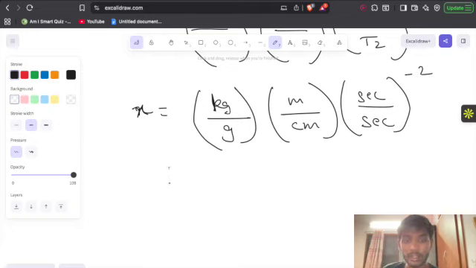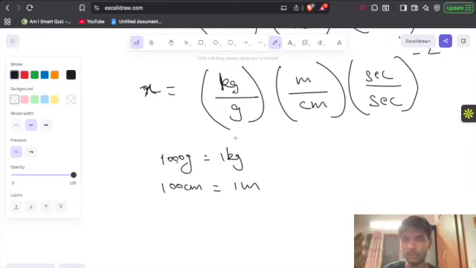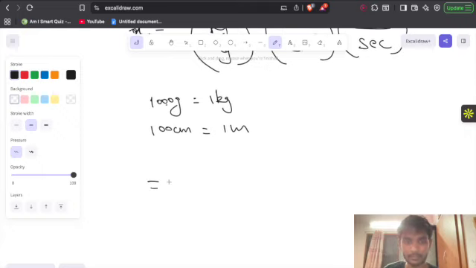Now we need to bring these units to the same type of units. Okay, so I know 1000 gram is equal to 1 kg and 100 centimeter equals 1 meter. So instead of kg I can put 1000 gram, and instead of meter I can put 100 centimeter. Okay, I'm just bringing the units in the same way.